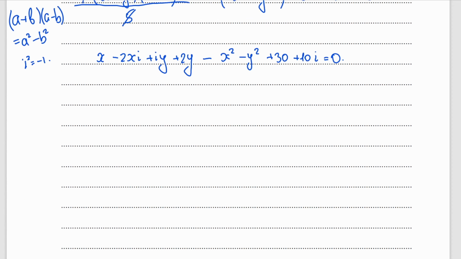Now, since we know that the left-hand side must be equal to 0, we could say that the real part must be equal to 0. So everything without i, x plus 2i minus x squared minus y squared plus 30 must be equal to 0. And our imaginary part must also be 0, so everything with i combined together.